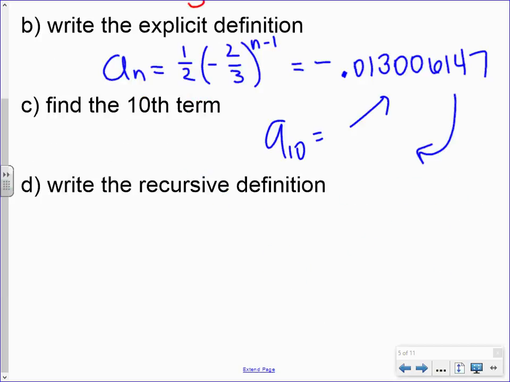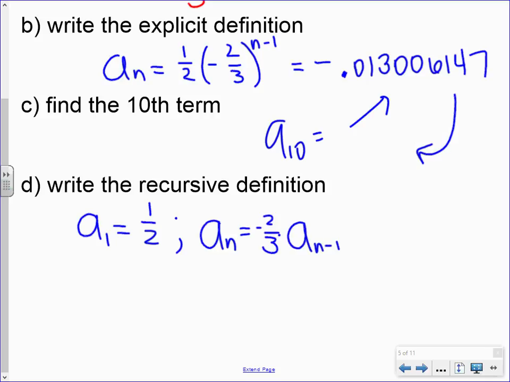Our recursive definition. Okay. Remember, if we write something recursively, we identify the first term. And then Henry, how would we write the nth term for a recursive? a n minus 1 times negative 2/3.